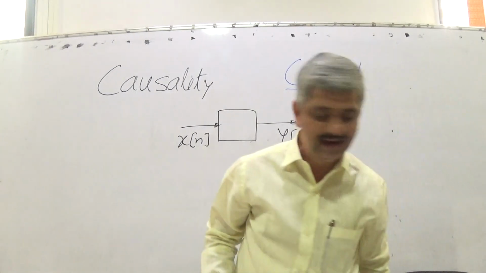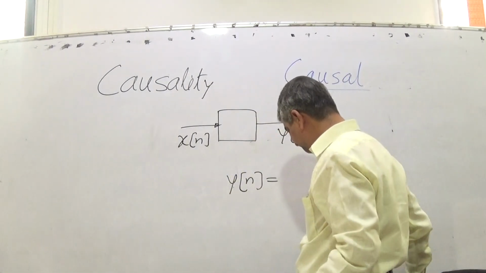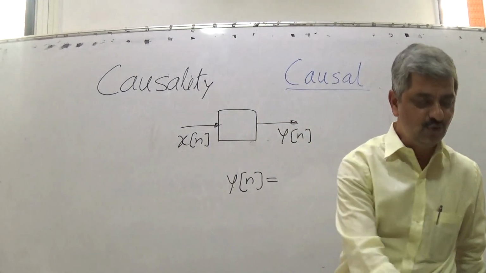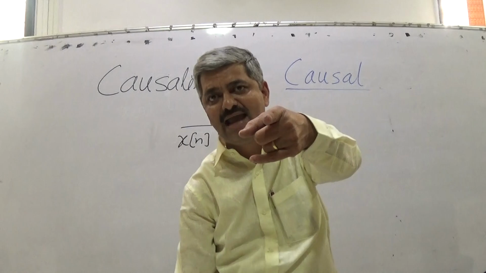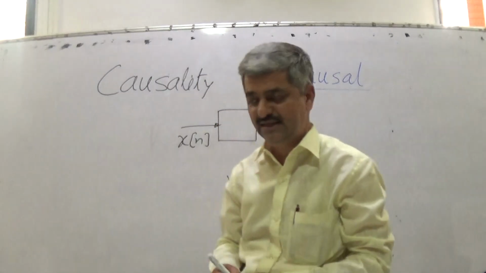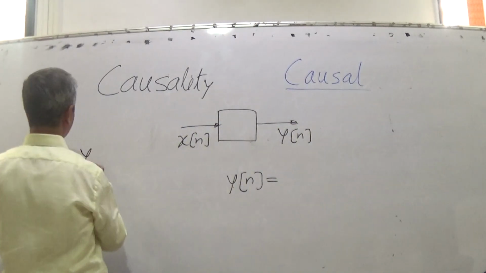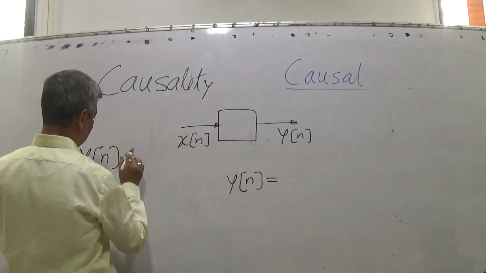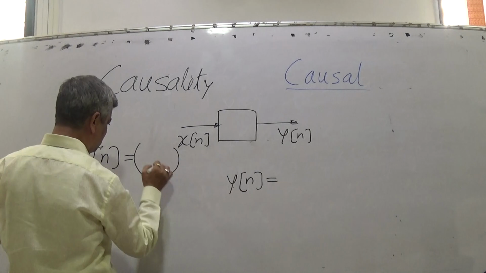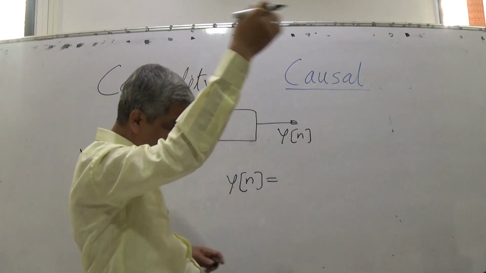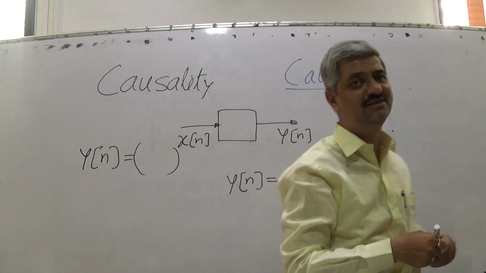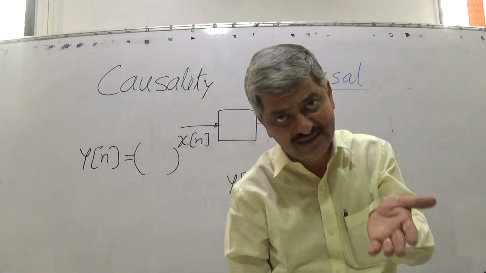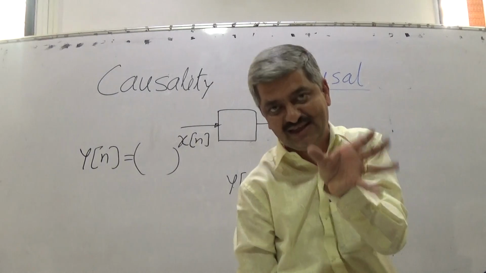So causal means a cause-effect relationship. We have x[n] and y[n]. In general, y[n] is some function of x[n], some equation which involves x[n]. What we discussed earlier was a linear combination, the convolution summation of h[k] x[n-k] for k running from 0 to infinity, shown with a practical example.